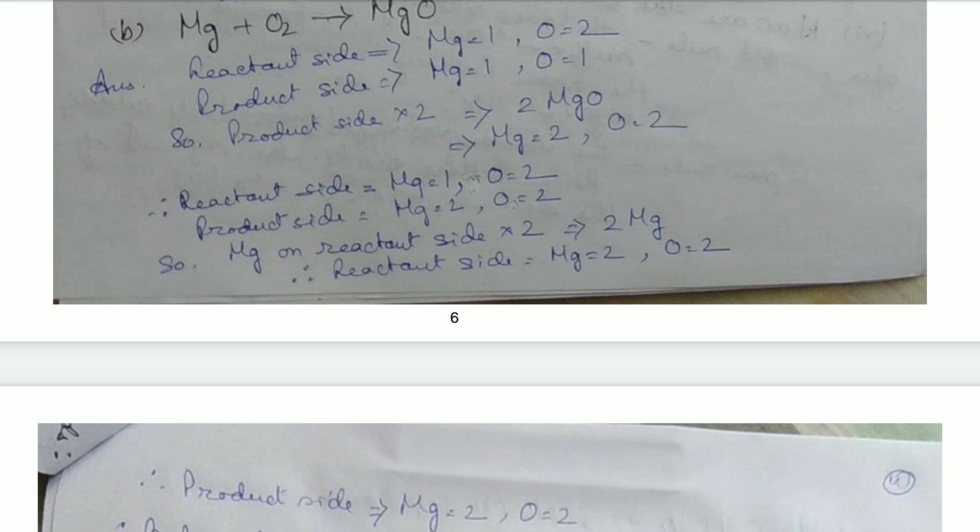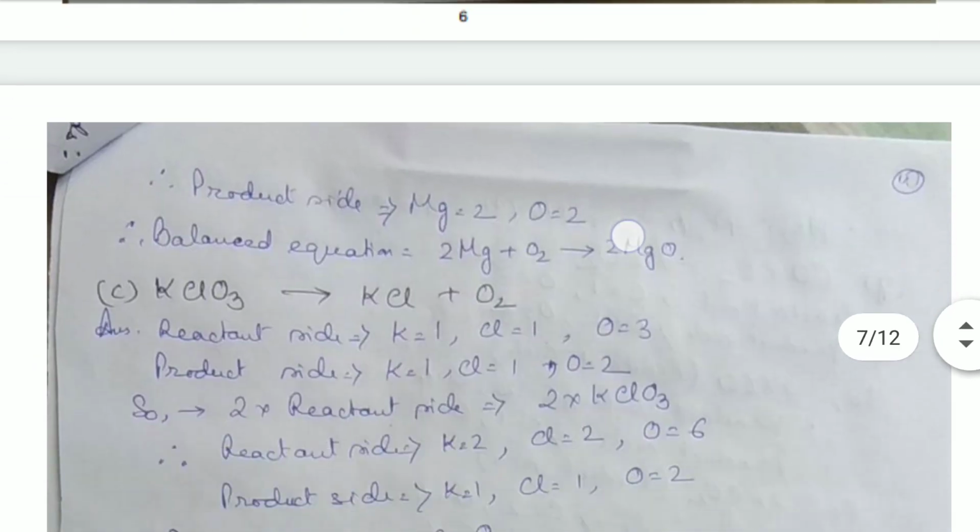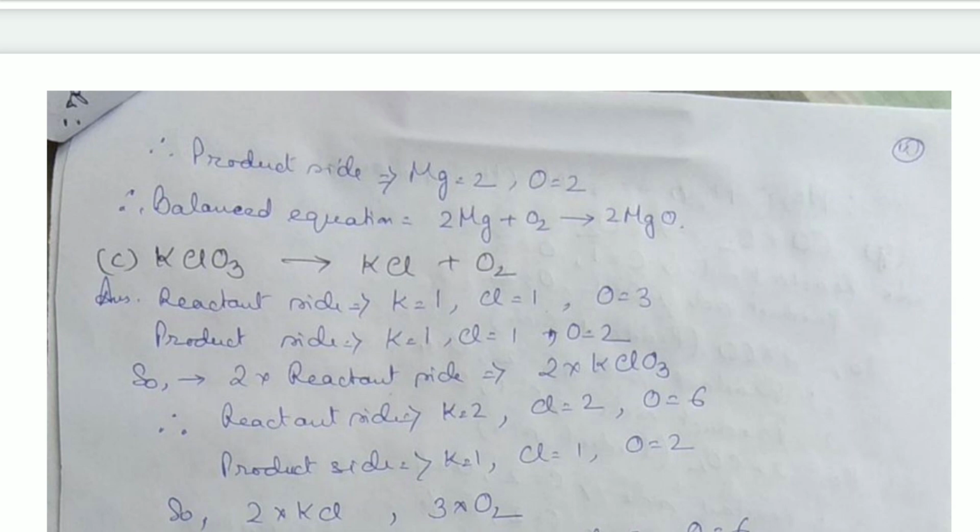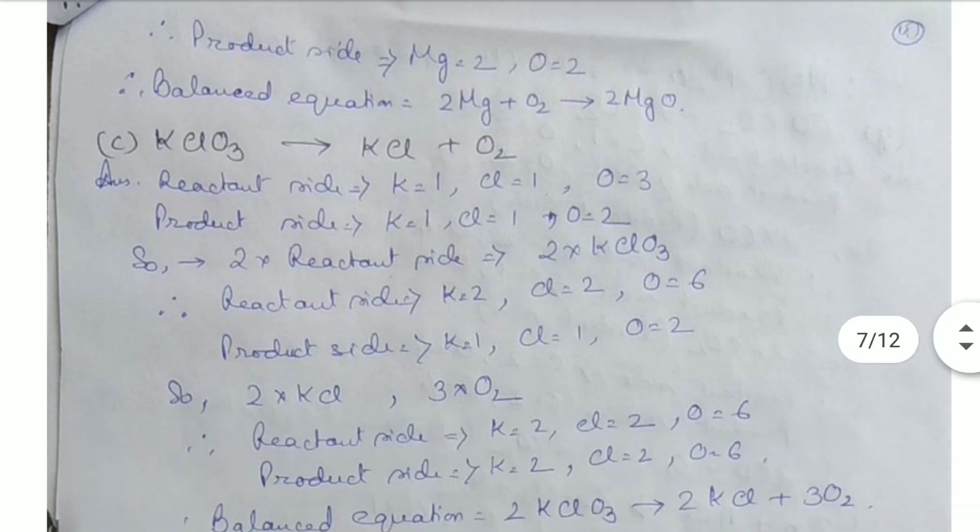Now the reactant side becomes Mg is equal to 2, O is equal to 2, and on the product side also Mg is equal to 2 and O is equal to 2. So the final equation becomes 2 Mg plus O2 gives us 2 MgO. That's a balanced equation.